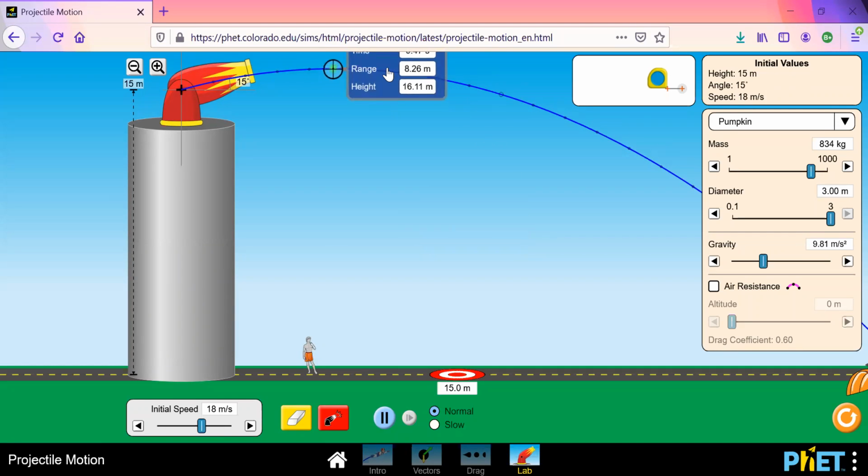Okay, as we can see here, our maximum height from the ground is 16.11. That means that when you calculate this, the height between this reference level and this dot is 1.11. 15 plus 1.11 is 16.11 from the ground. This is the initial height, and this is your final height.